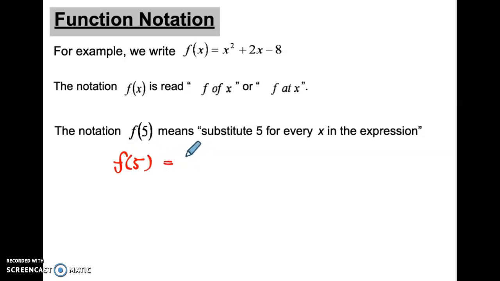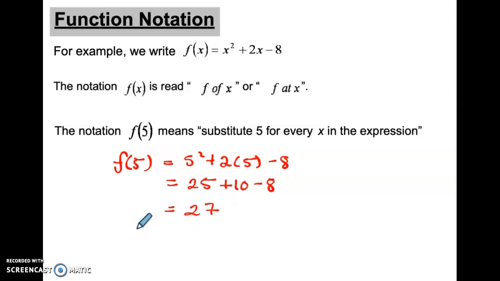So f of 5 would equal 5 squared plus 2 times 5 minus 8. If we worked that out, we would get 25 plus 10 minus 8, which is 27. So f of 5 is equal to 27, and that really just tells us a point on our function, the point (5, 27).